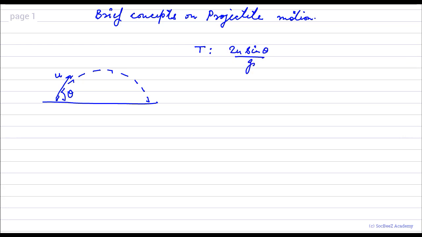And the maximum height, that is H, which this body attains during the projectile motion, is given by H equals u squared sine squared theta by 2g.